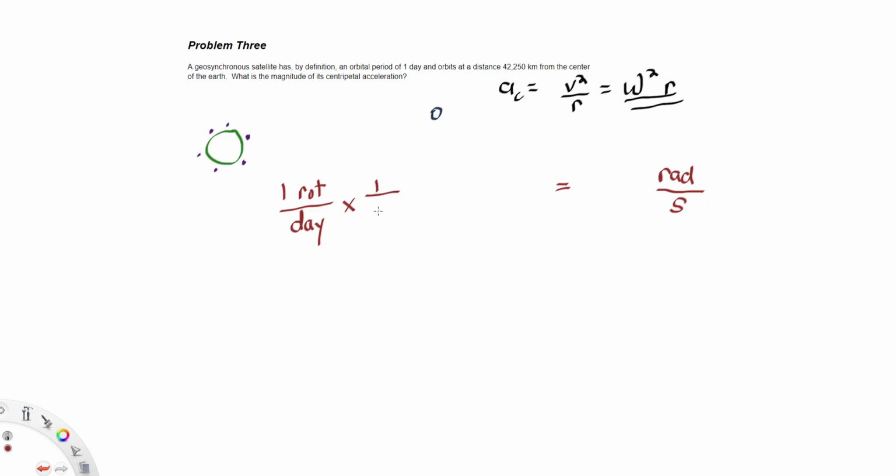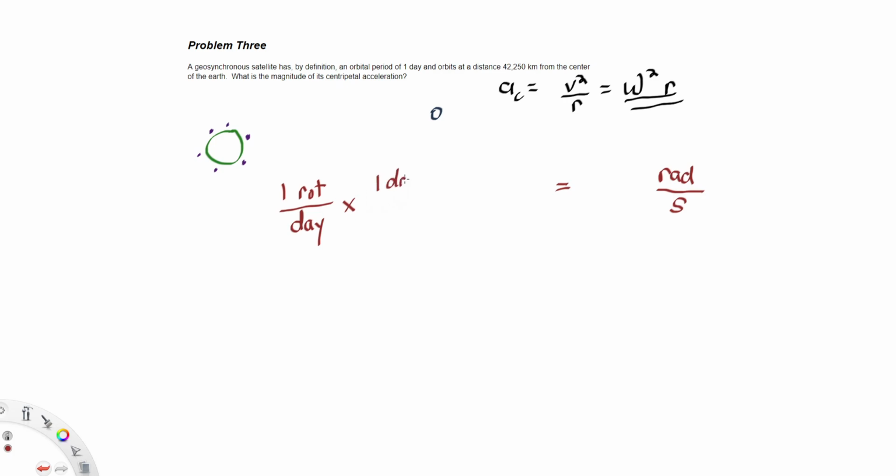You might know offhand that 1 day is equal to 86,400 seconds. If you don't, that's 60 seconds, right? If you don't remember that figure, and let's be honest, most people don't, we can do this in a few steps.